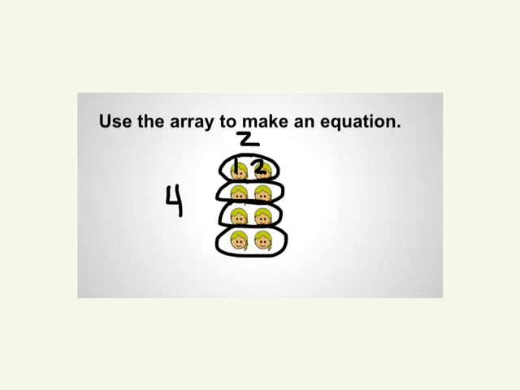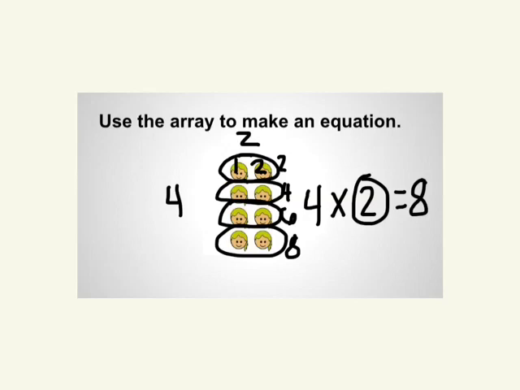So our equation, go ahead and write it. We have 4 rows of 2, or 4 groups of 2, and that equals, well, let's count by 2s. 2, 4, 6, 8. 4 groups of 2 equals 8.